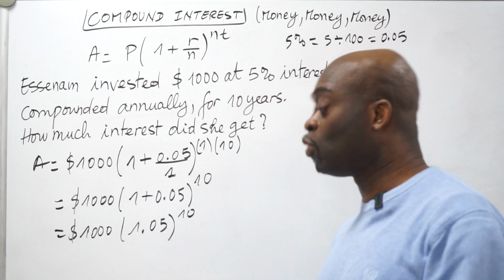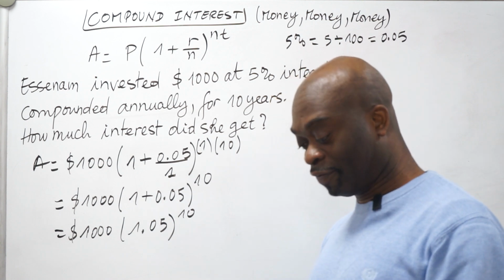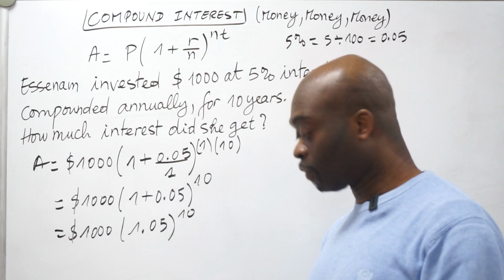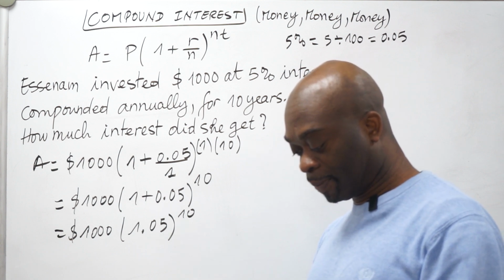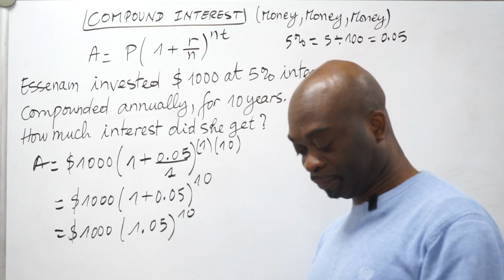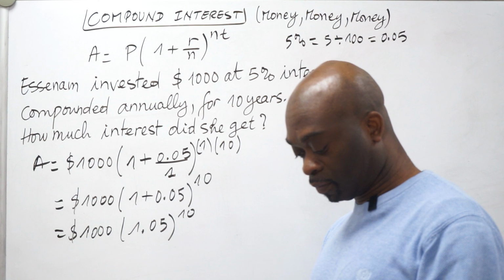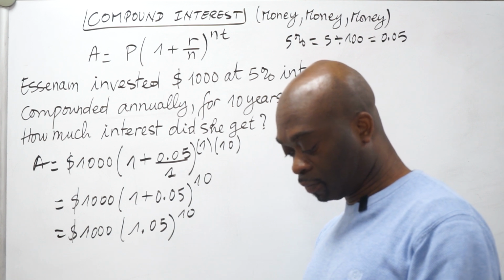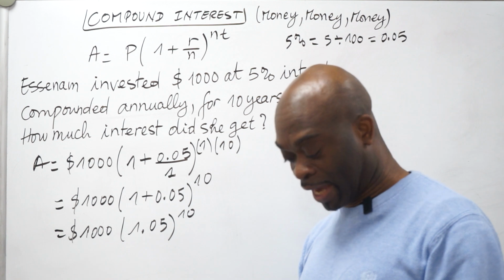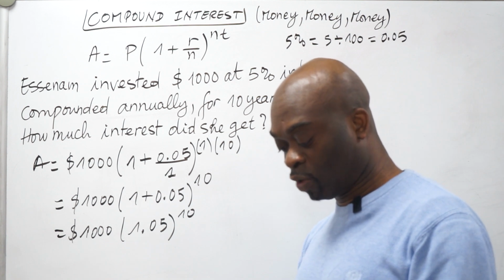So let's do it together very quickly. We have 1.05 raised to the power 10, and then we multiply that by 1,000. You guys can try that as well.